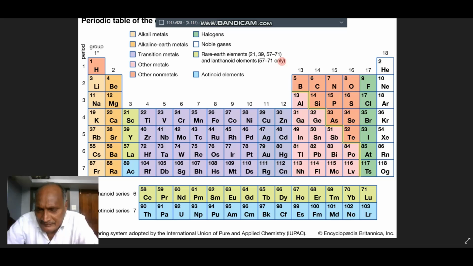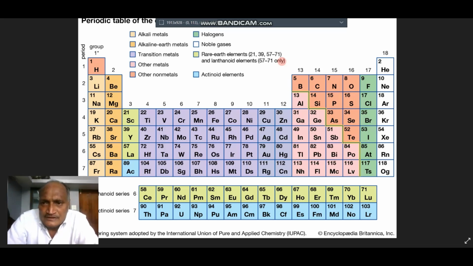When we come to the noble gases, except helium, the remaining elements like neon, argon, krypton, xenon and radon belong to the p block.